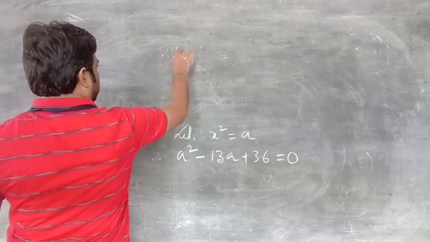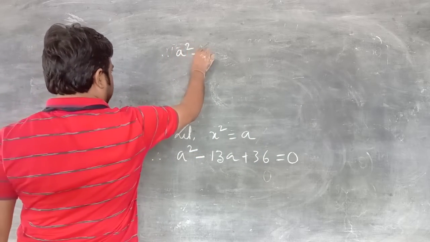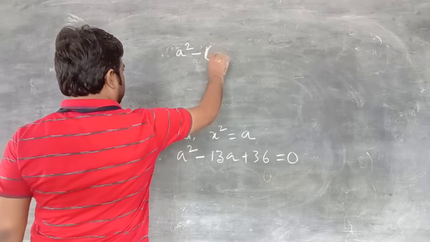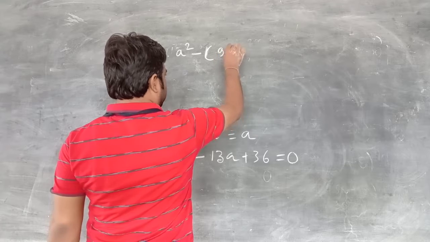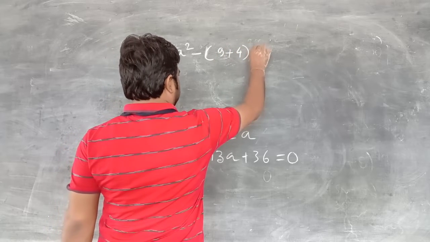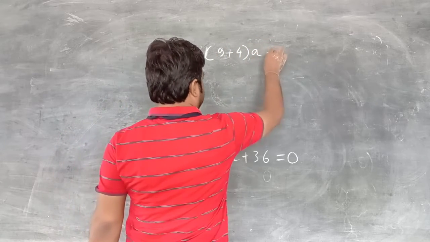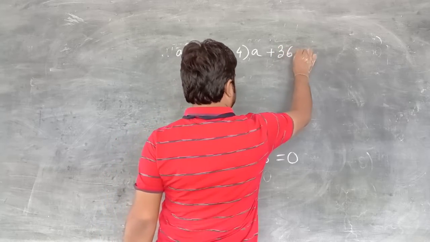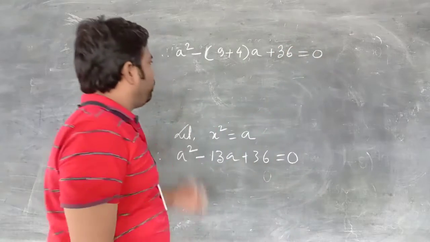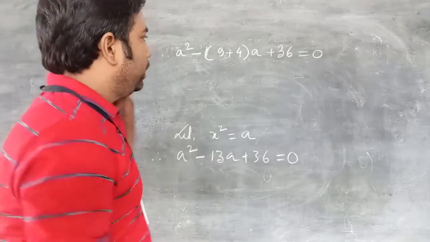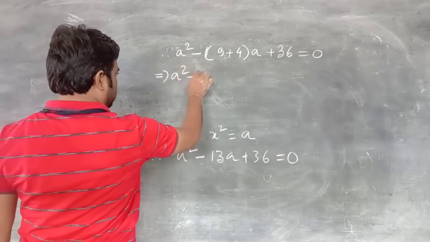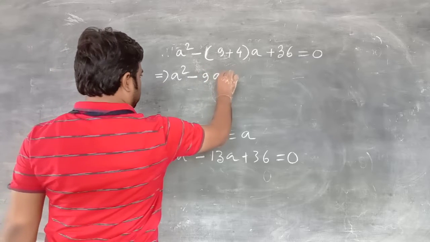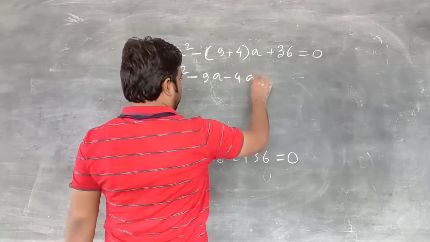So a square minus 13a, 13 means this is 9 plus 4, so a square minus 9a plus 4a plus 36. This is a square minus 9a minus 4a plus 36.